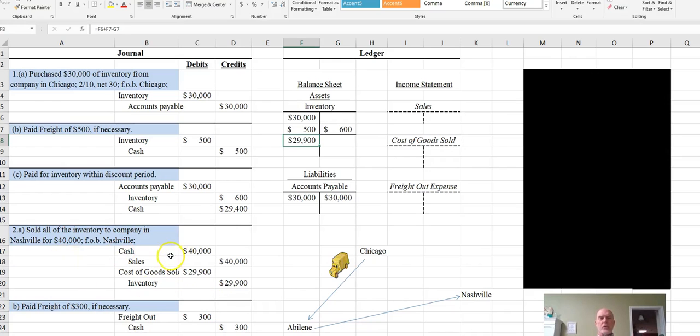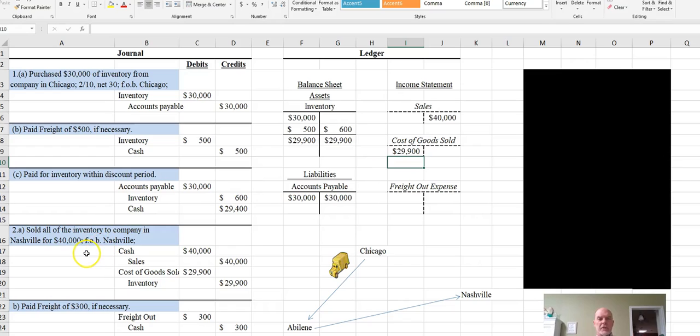Two things to record. The sale, this was a $40,000 sale. Credit sales, $40,000. Debit cash or accounts receivable if they haven't paid us. And also record the fact that you no longer have this product. So credit inventory, debit cost of goods sold. $29,900 credit to inventory, debit to cost of goods sold.